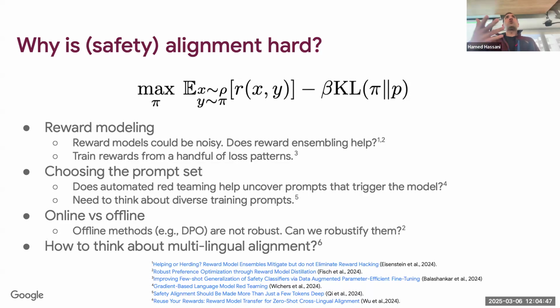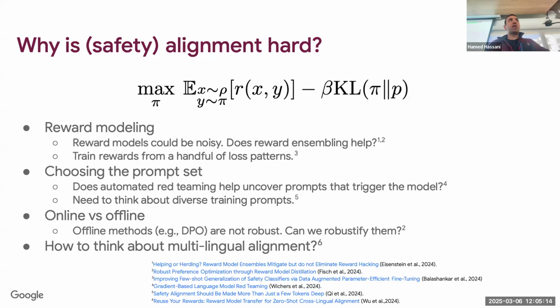Now, one issue that may come up is that we have a prompt set. It triggers the model, and we can get unsafe responses. We train the model. Now, in generation 2 of the model, we have already patched the model to be safe against these prompts. So we again need new prompts to be able to trigger the model.